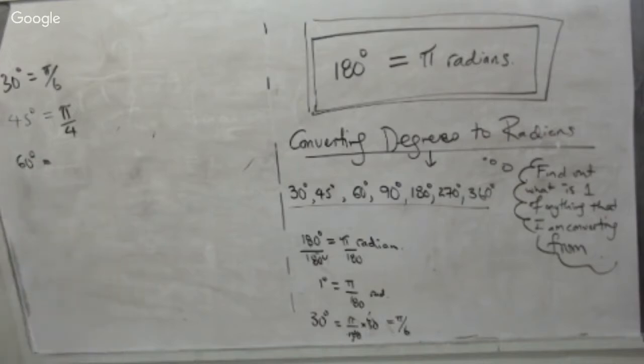60 degrees. Let me see you do that quickly, and tell me what it is. Pi upon 3. Did you do it? In my head.